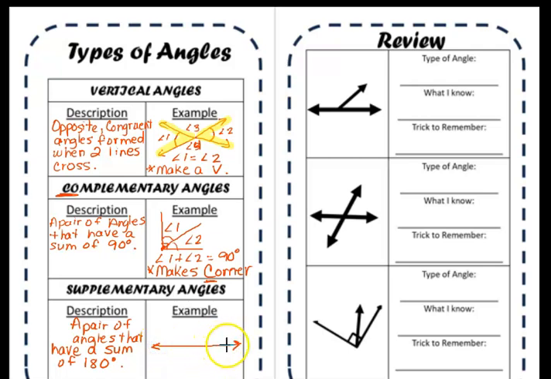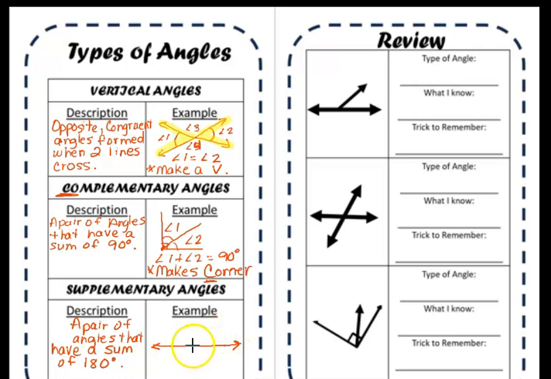If I was to take a protractor and measure from this side all the way over to this side, see, there's no bend in it, but it's still an angle, and we call that a straight angle because from one side to the other would give me 180 degrees.